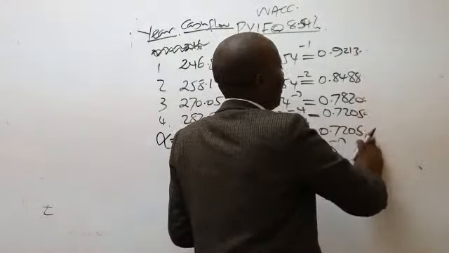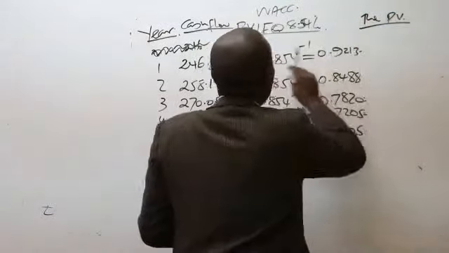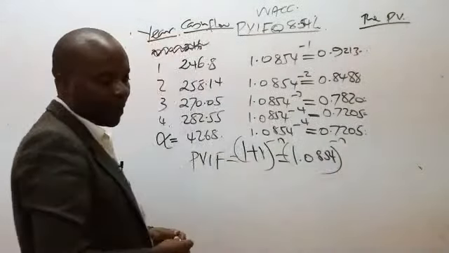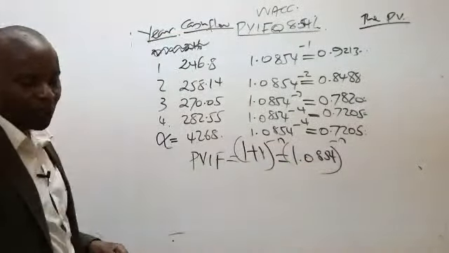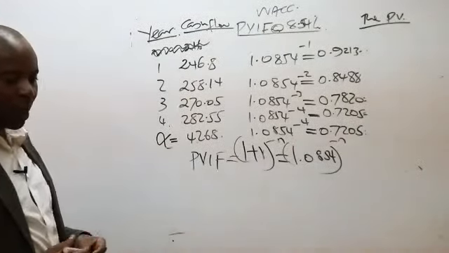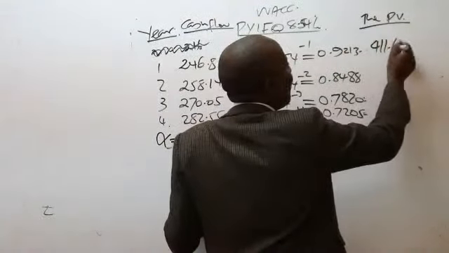Not PVIFs, but the present values. So you multiply this and this. Give me 2 decimal places. The first one is 411.64.